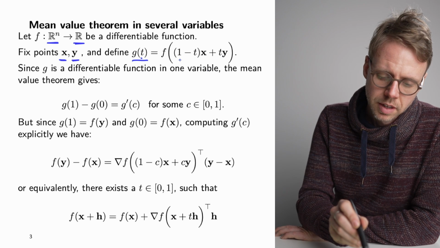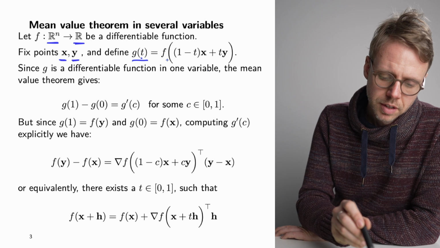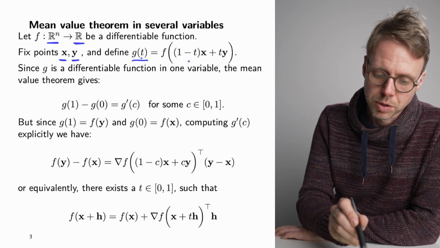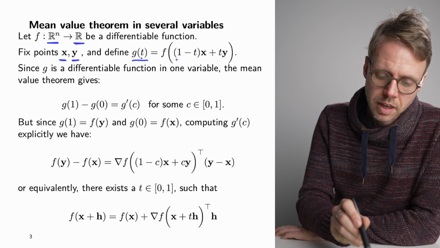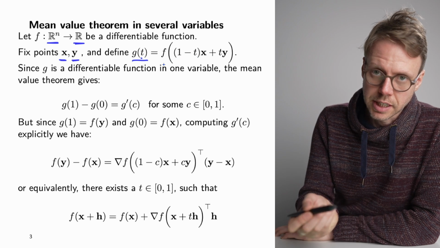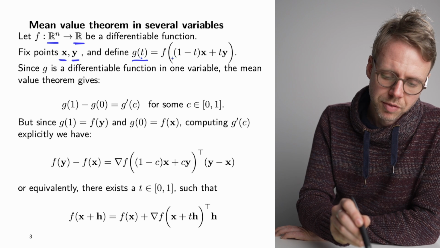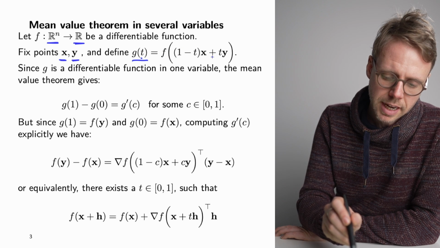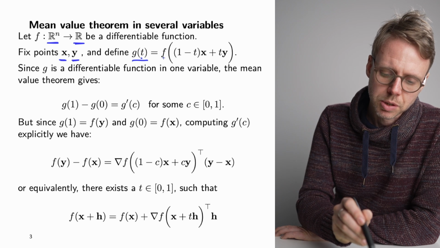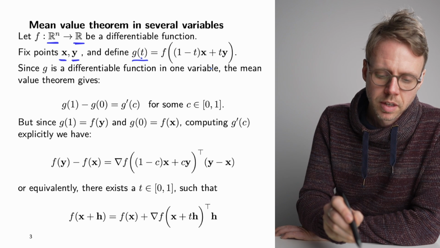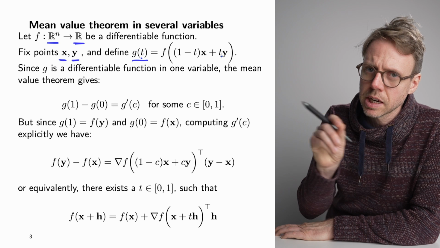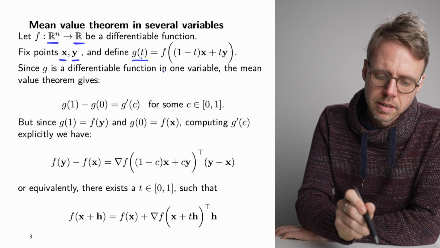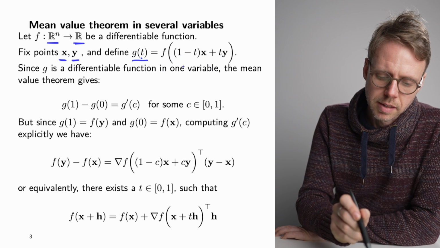So if t equals 0, then this will just be 1 times x plus 0 times y. So it will output f of x. And if t equals 1, then we will have f of 0 times x plus 1 times y. So we will have f of y. And for values between 0 and 1, we will interpolate between x and y as the input of the function.